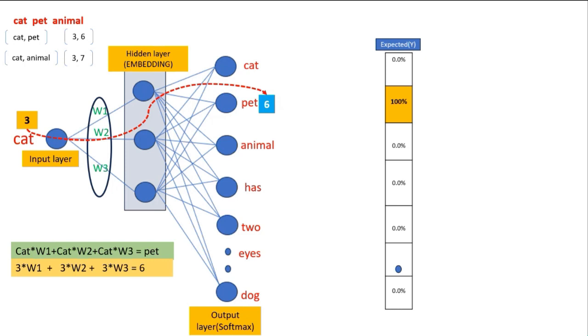Putting this in the token form, 3 multiplied by weight W1 plus 3 multiplied by weight W2 plus 3 multiplied by weight W3 should produce number 6 for word pet as the highest probability. When training process starts, at epoch 1, say these weights are assigned with value 1.